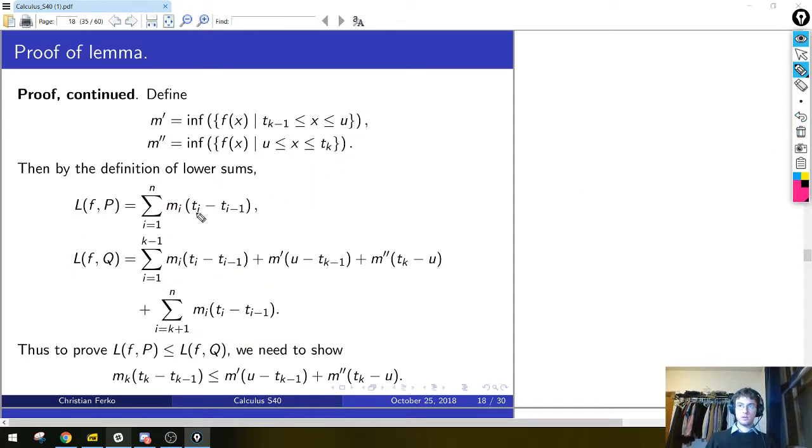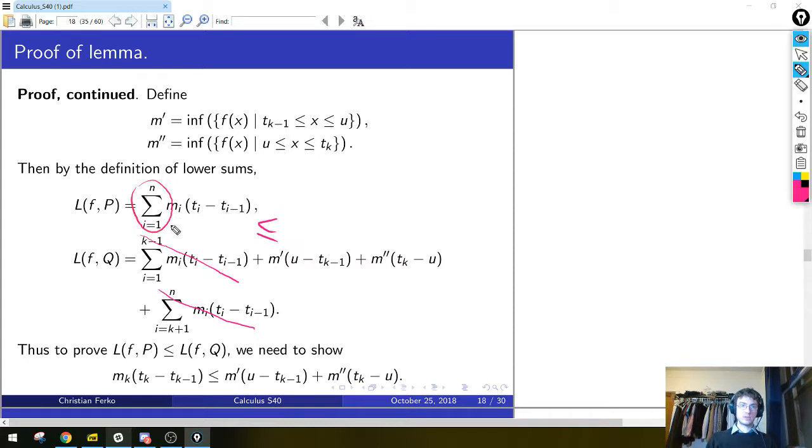Okay, so these are the two sums we're trying to compare and get an inequality between them. We want to prove, again, that the P guy is less than or equal to the Q guy. If I want to prove that the top guy is less than or equal to the bottom guy, I can subtract all of these sums on the right side and subtract them from the left side as well, and that's only going to leave a single term in this sum.